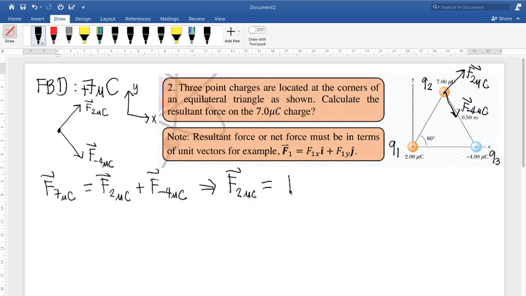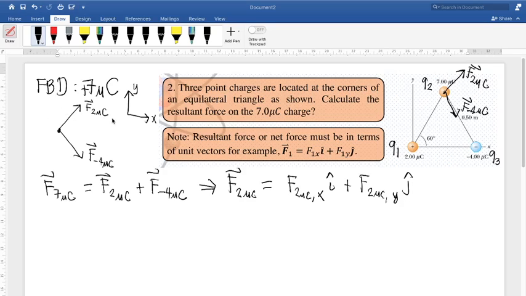So we have F of 2 microcoulomb, the x component in i hat, plus F of 2 microcoulomb, the y component in the j hat direction. There is no k hat because we are only in a two-dimensional plane. So we have only two unit vectors here representing the x and y directions.